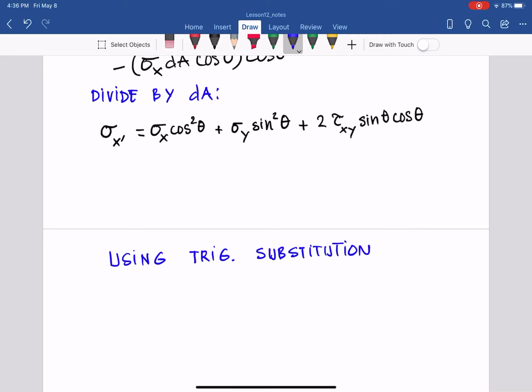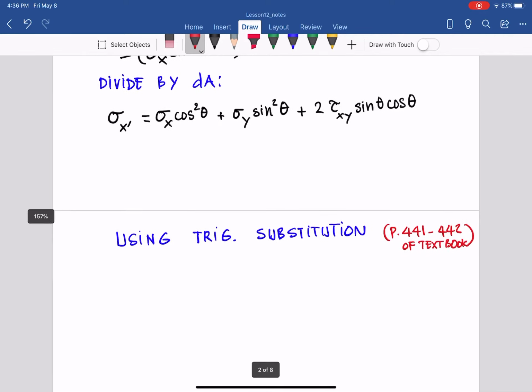If you want more detail, you can go to pages 41 to 42 of your textbook to see in more detail how to do the substitution here.